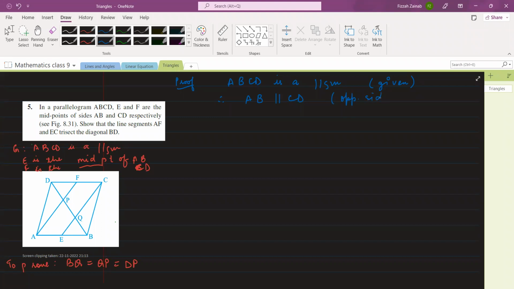Opposite sides of a parallelogram are obviously parallel. That is why it's a parallelogram, right? And now because the complete side AB is parallel to CD, some part of AB will be parallel to some part of CD. Clear? I'm interested in this part and this part. Why? Because I'm trying to show that AECF is a parallelogram.